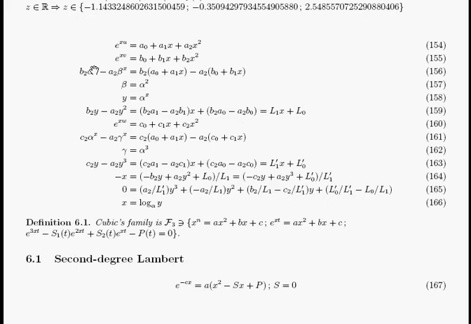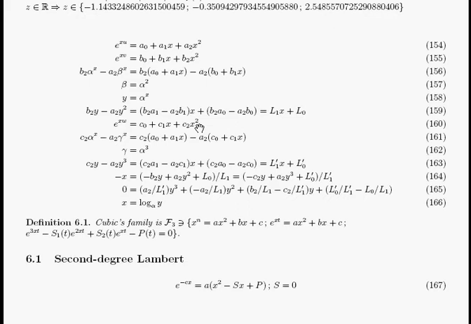Okay, now translating alpha to the power x to y, beta to the power x to y squared. Rearranging, here is L1 x plus L0. We have to do it again with a third number w, exponential of xw, c0, c1 x, c2 x squared. So now the degree is 3.